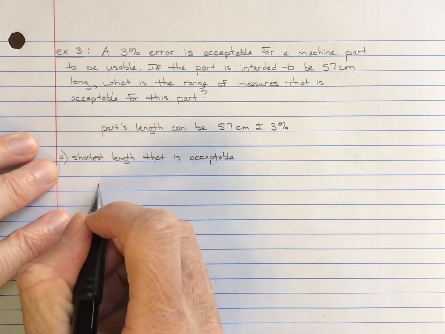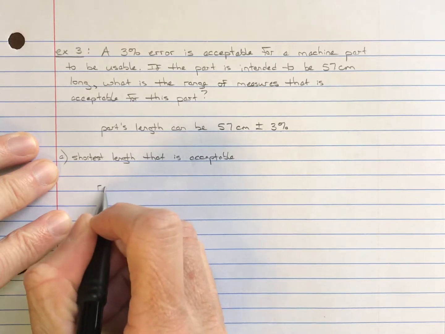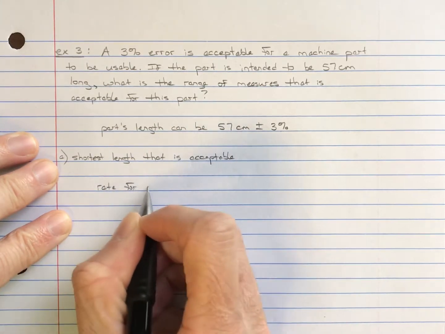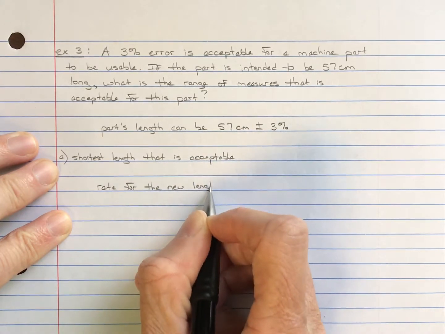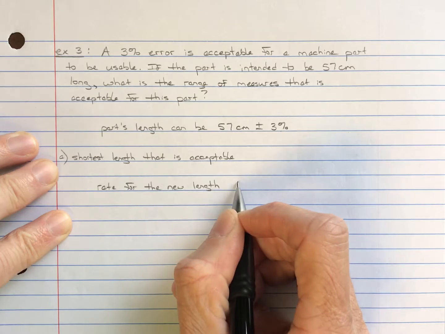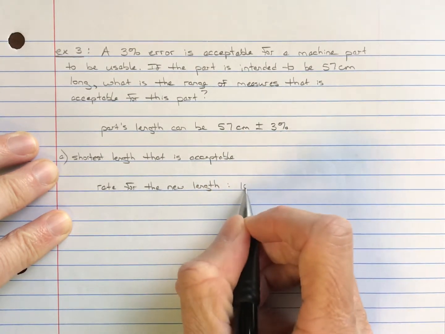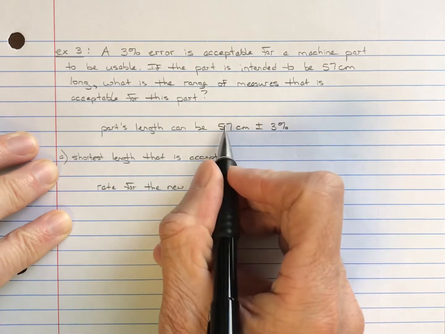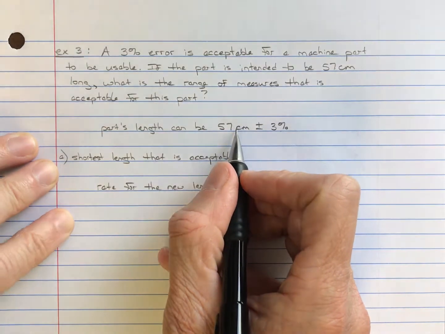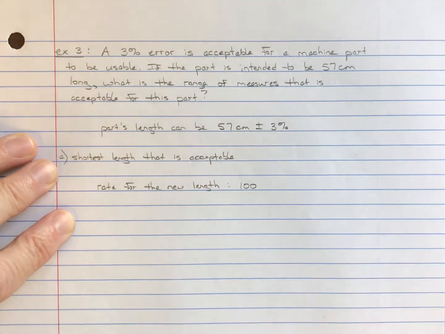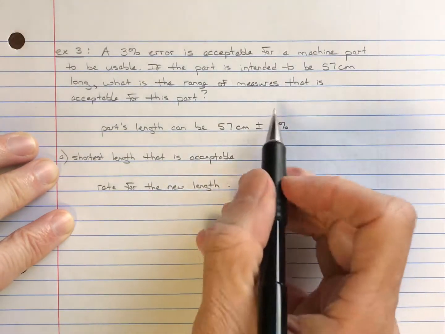So the new rate for the new length is going to be, for 57, that's the whole, so it's going to be 100%. 100% stands for the length of the part itself, the beginning amount, 57.